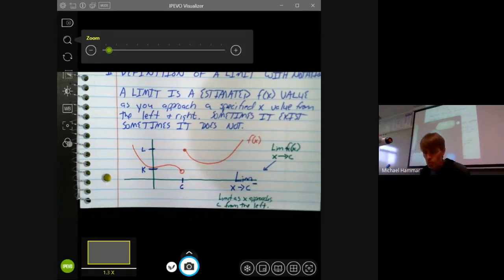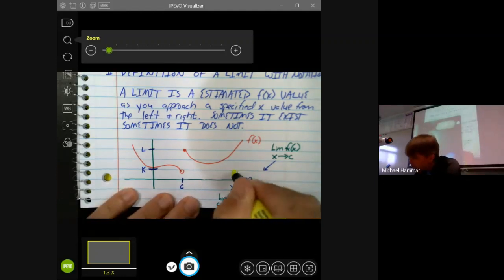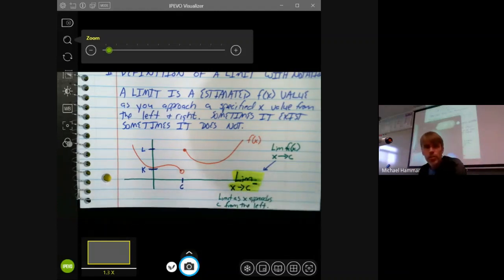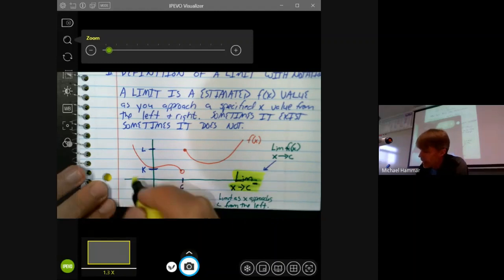We are going to take the limit as x approaches c from the left. So from the left means it's coming from the negative side. So I'm going to highlight this part in yellow. Okay? So you're going to see it on the graph as something highlighted in yellow.